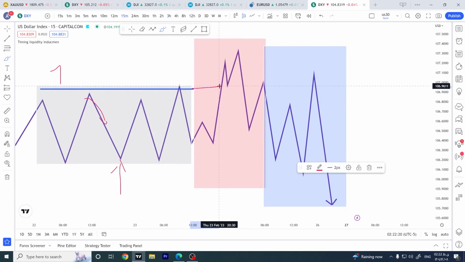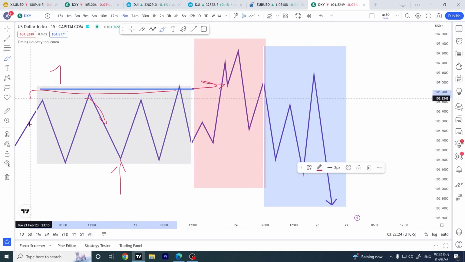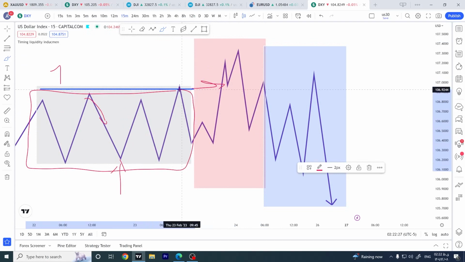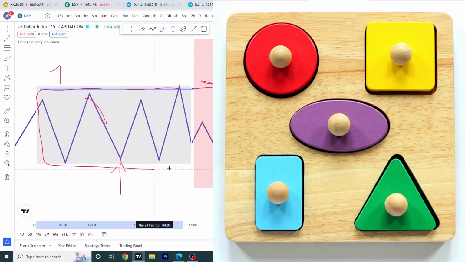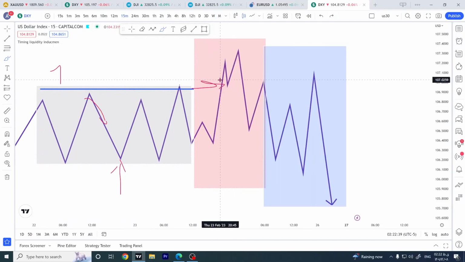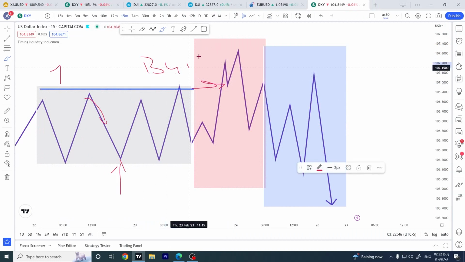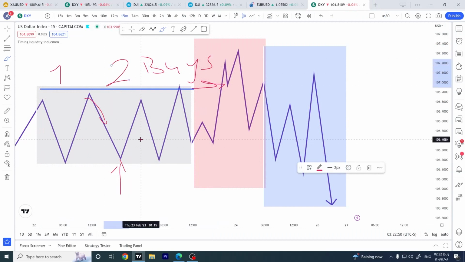They say that, oh, the high of the Asian session is broken, or the high of this very complex movement of the market, this very complex schematic and pattern that is just a ranging market. They said that it is a breakout, so let's buy here.